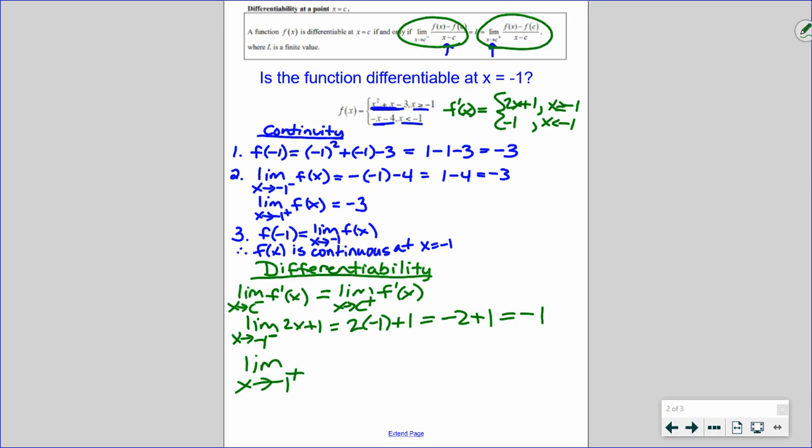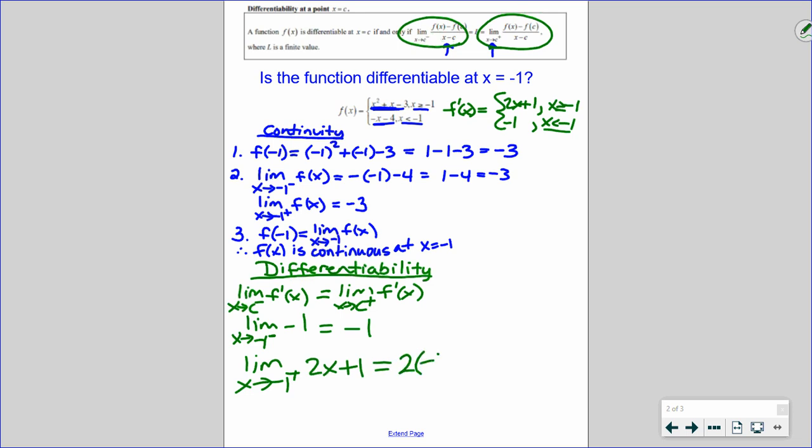oh, actually, I'm sorry, I mixed those up. Let me go back. From the left would be the bottom function, because that's where x is less than. So that would be just finding the limit of a constant, which is the constant. And then the limit as x approaches negative 1 from the right, which is where x is greater than or equal to negative 1, is where I'm going to use the 2x plus 1.